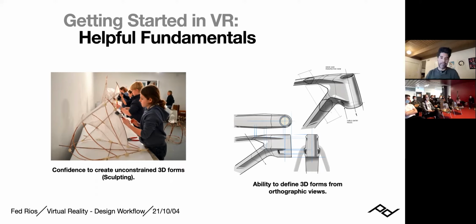And on the right side, if you want to create slightly more precise models that are very accurate to your idea, having the ability to understand how 3D shapes are created as outcomes from well-defined orthographics or plan views, usually 3 or 2: side, front, top. So if you can pull a 3D object from side and top views, then that's really going to help you as well.